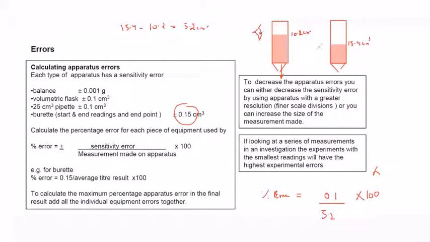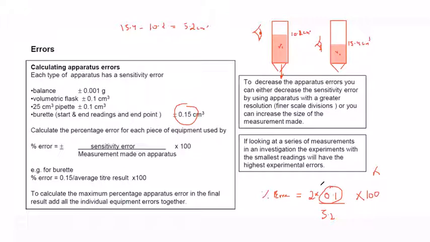I have to record the initial volume and then I have to record the final volume, and the difference in the volume gives me the volume of solution which we used. So that's why the smallest value should be multiplied by 2. If you are reading the apparatus twice, it should be multiplied by 2. If you are reading the apparatus only one time, then it is not multiplied by 2.